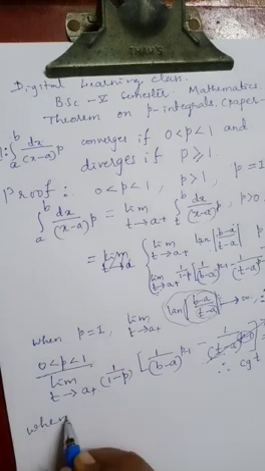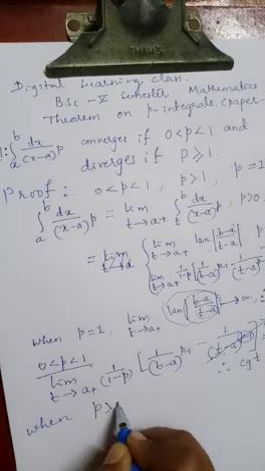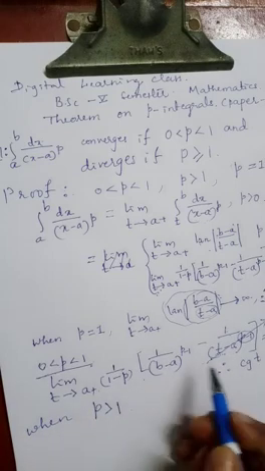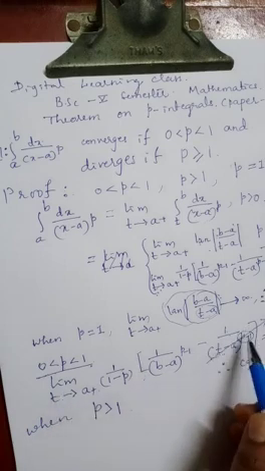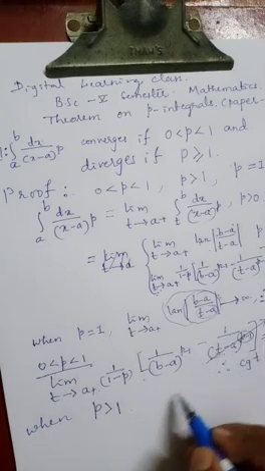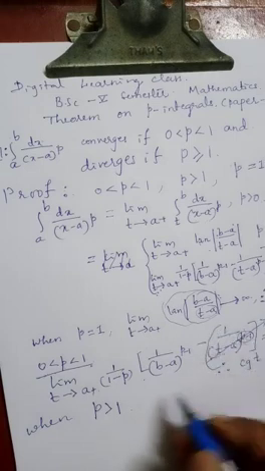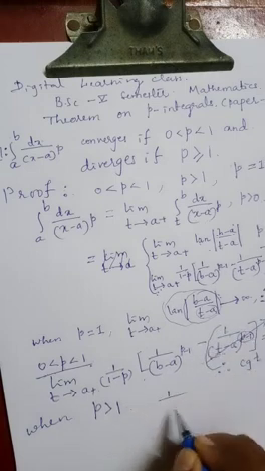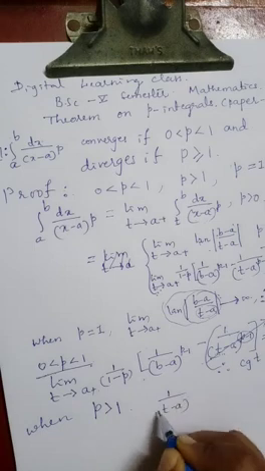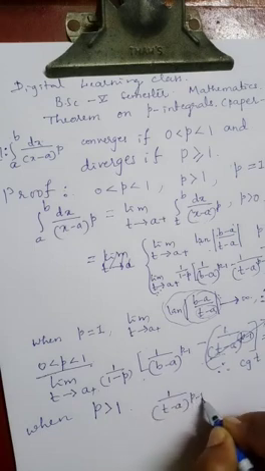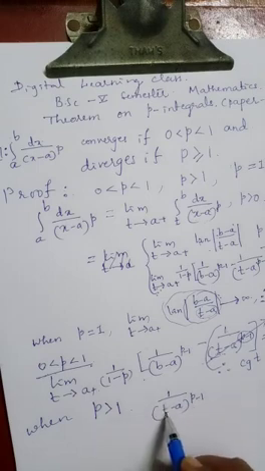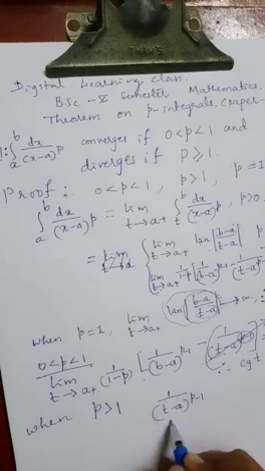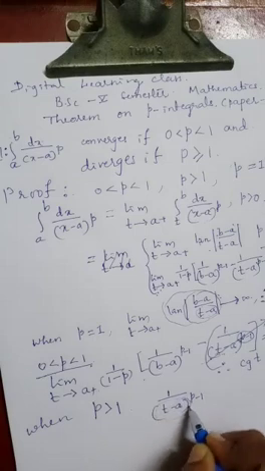And next, when p is greater than 1, again in this limit, consider the term 1 divided by (t minus a) raised to p minus 1. As t approaches a, this denominator approaches 0.